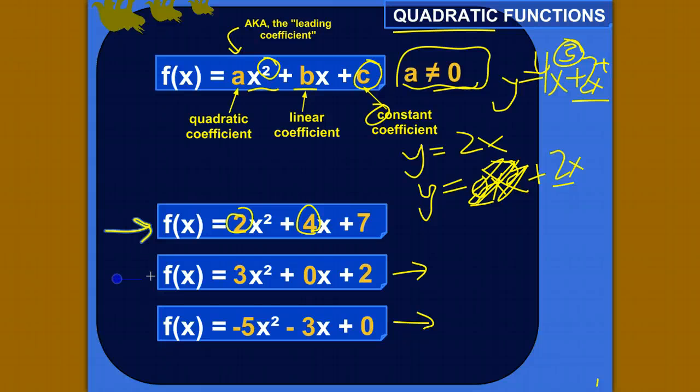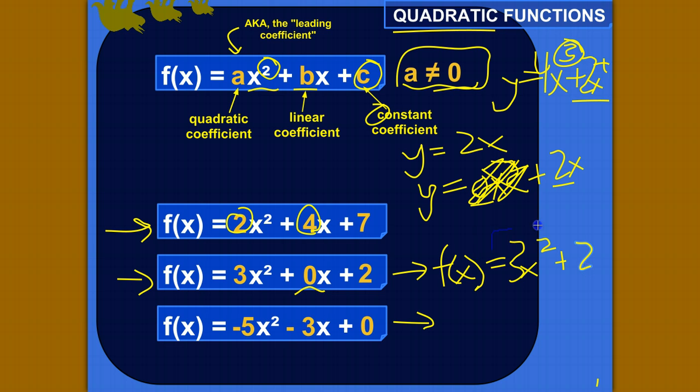This is also a quadratic function, and I put the linear coefficient as 0. I wanted to show you, you could force every quadratic function to look like this: ax squared plus bx plus c. But actually, in real life, you would write this more like f of x equals 3x squared plus 2. 0x is just 0, and you don't need to write down 0 anywhere.